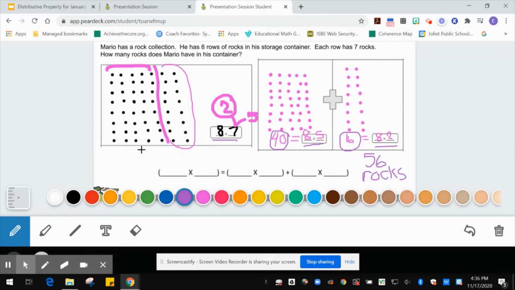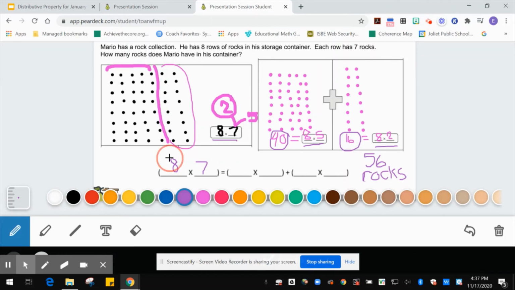Now, as students become more fluent in multiplication, they may not need to draw a model like we did here. They will take it to an abstract level and use an equation like is written on the bottom of this page. And they would write their unfamiliar equation and then think about how they personally would like to decompose it using the distributive property.